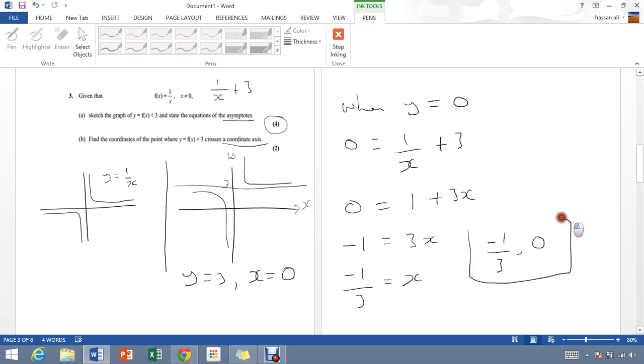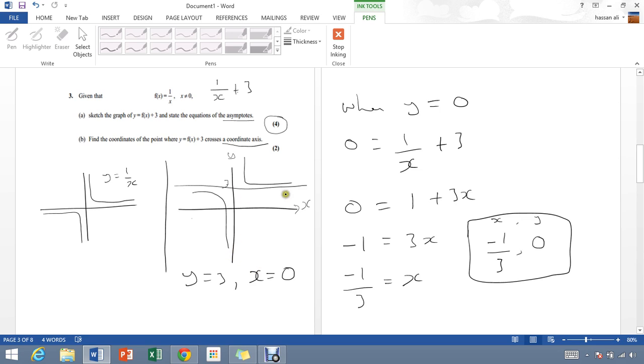So this will be your answer. And it does make sense, because if you think about it, this is your negative axis here in this part. It looks like it's a minus 1/3, and your y value will be 0. So this is your x value, and that's your y value.